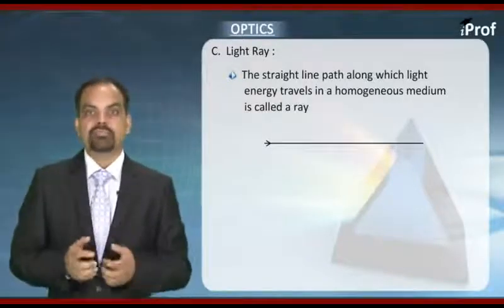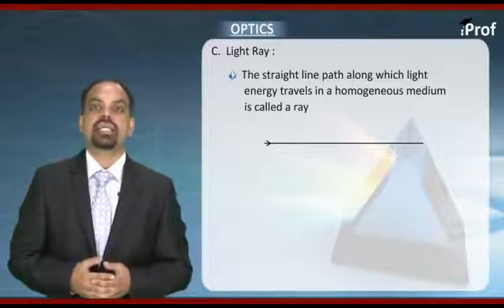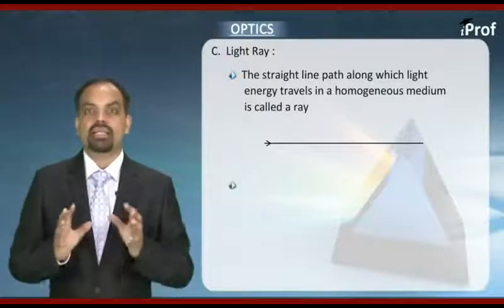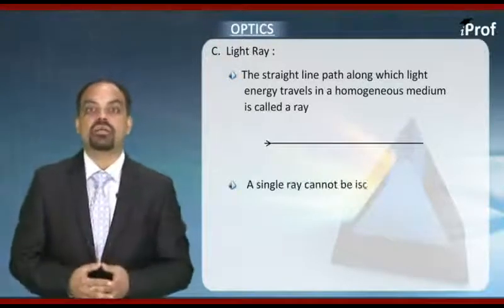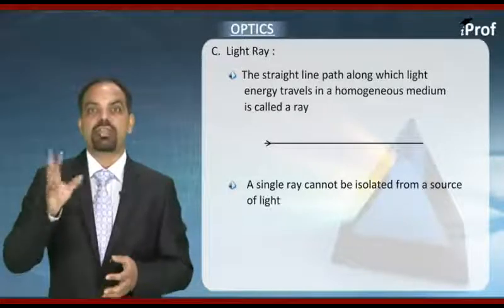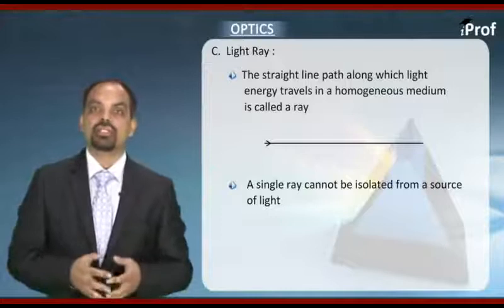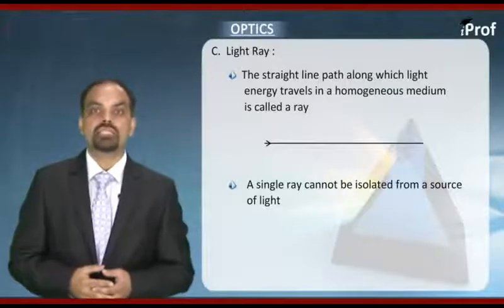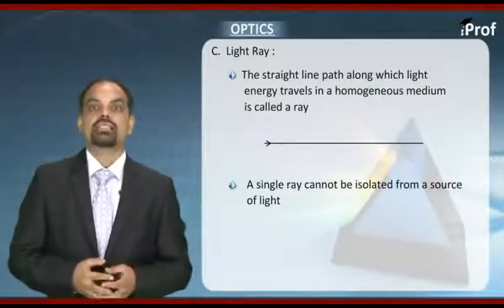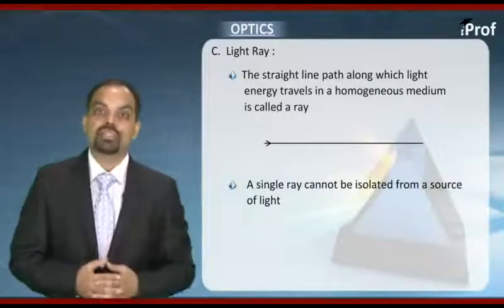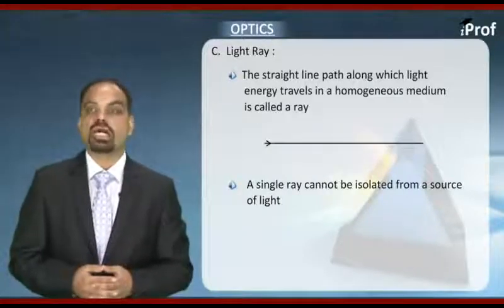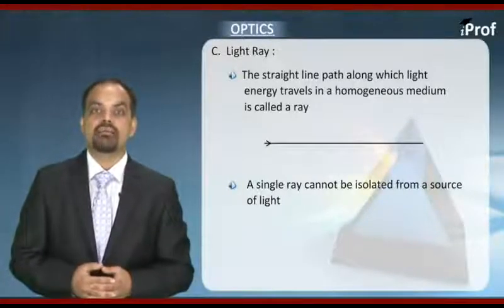One basic point which we have to understand regarding light rays: we never get a single light ray. A single ray is not possible, however small the source is. You take any light source, luminous or non-luminous, we are getting a bunch of rays. However small we make the source, you cannot isolate a single ray.